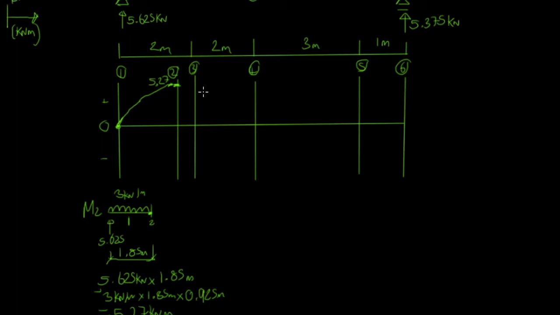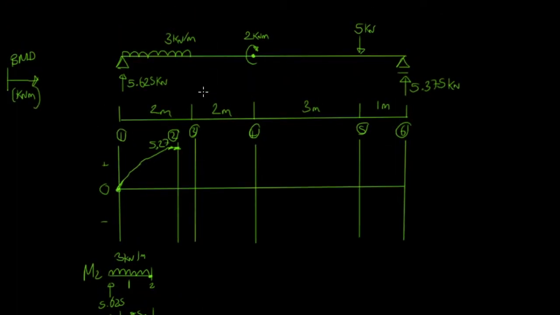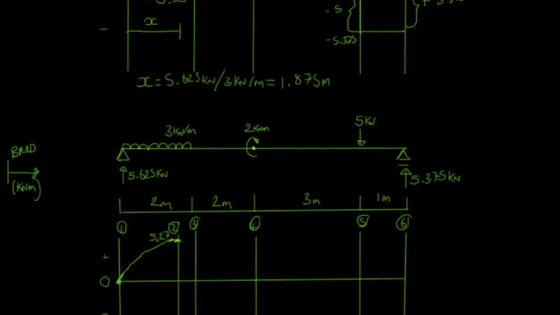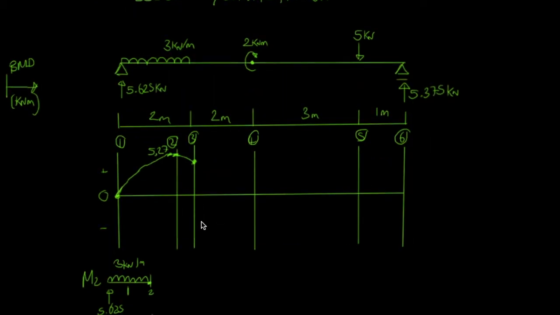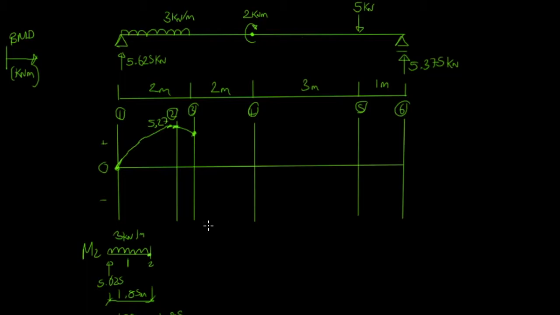So between point 2 and 3, if we look at the shear force diagram, it's in the negative axis and it's linear, so we know our bending moment is going to be parabolically decreasing. So it's going to decrease to around here, but we want to know what value this is at point 3. So like we've done for point 2, we're going to make an imaginary cut, and then we're going to take everything which is on the left hand side of point 3 and imagine it's a hinge.